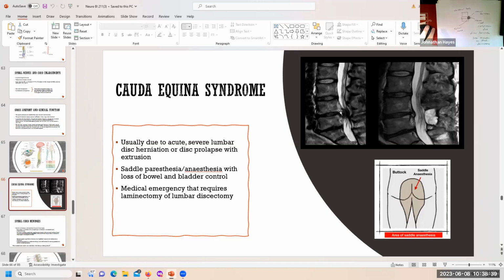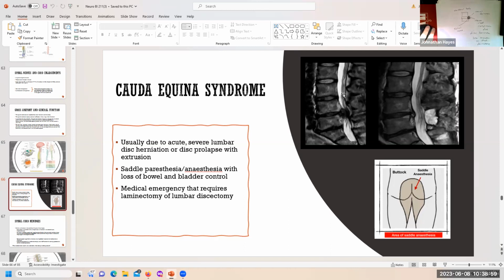But when it becomes completely extruded like this, the fluid material that's inside the disc, you can actually see it right here and here. On this particular MRI, the fluid is light in color and the solid material is dark in color. So that's some of the cauda equini right there. That's part of your cord.